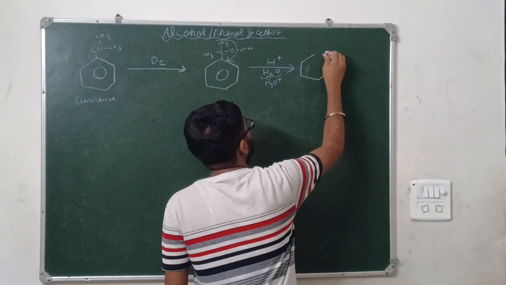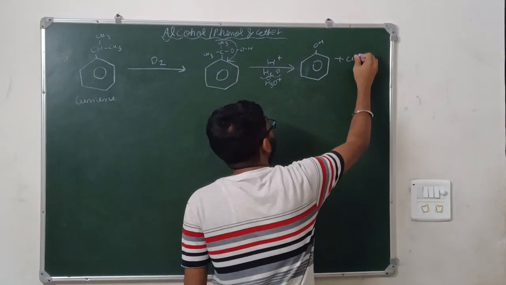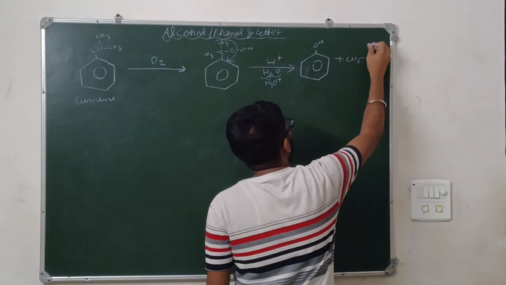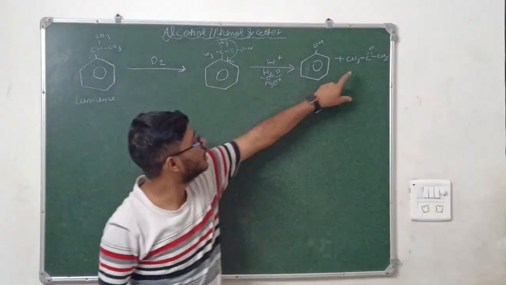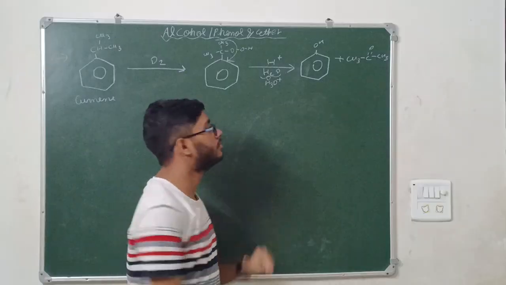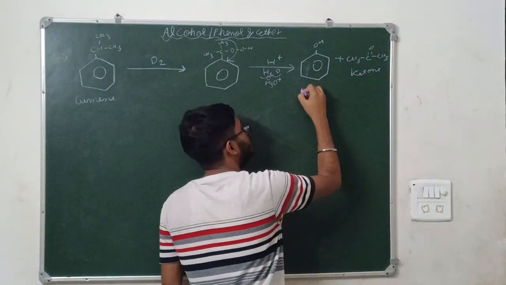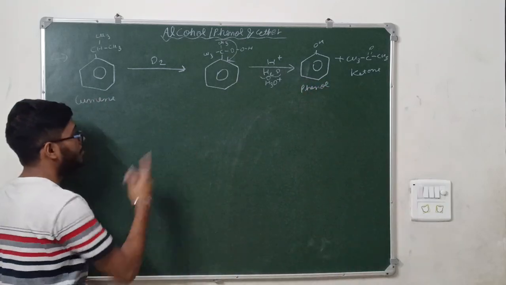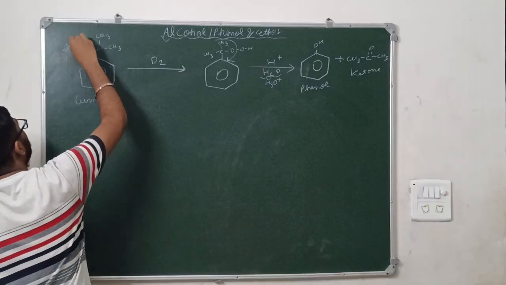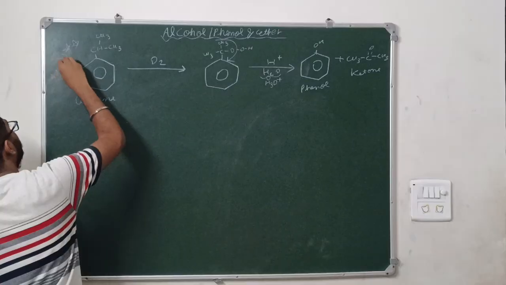It will form phenol and CH3 C double bond O CH3. As a byproduct, ketone is released, and this is how phenol is made. So this is another type of preparation of phenol. This is a very important reaction. You have to memorize it. It was asked in Advanced 2024.